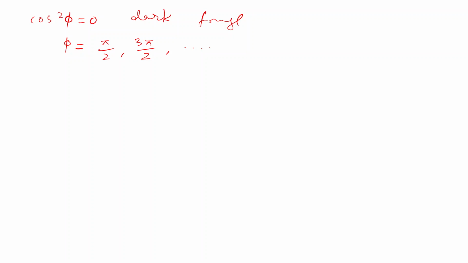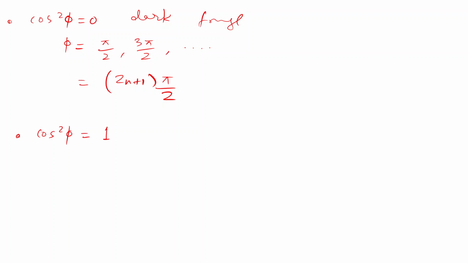So in general, cos square gives a dark fringe when the phase difference is an odd multiple of pi by 2. This phi is not the angle, keep in mind; it's the phase difference we are talking about. Whatever value you keep here, you get an odd number. Another condition is when cos square phi gives the maximum amplitude.